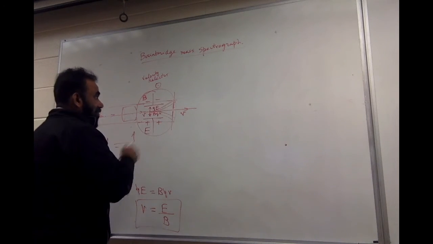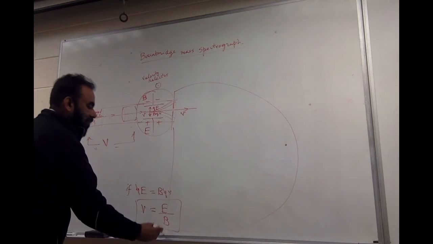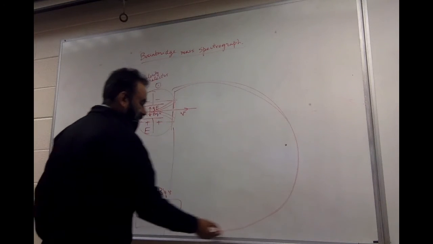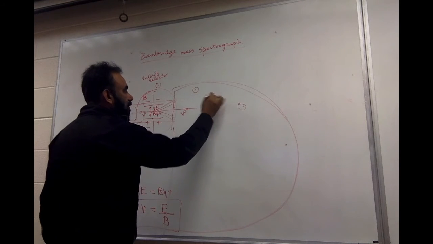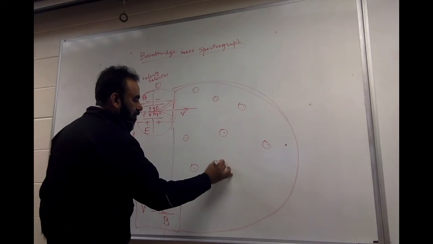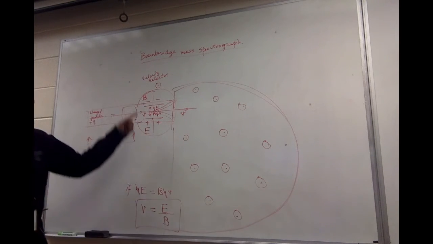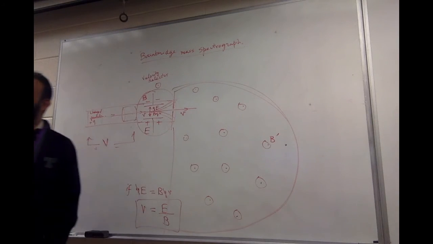So in this whole region, I'm going to put a magnetic field out of the board. That's a totally different magnetic field. Remember that. This is not the same as B. This is B prime. Something different.